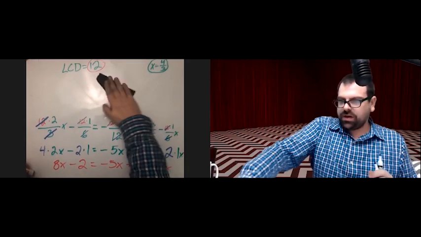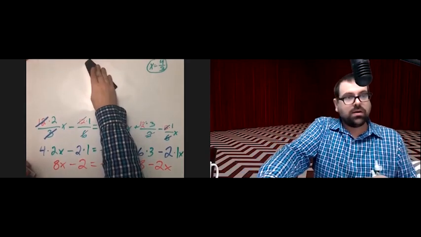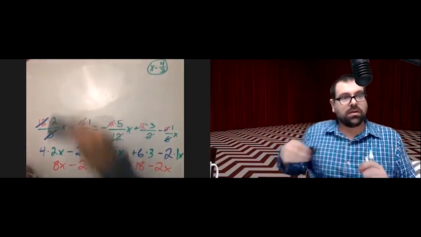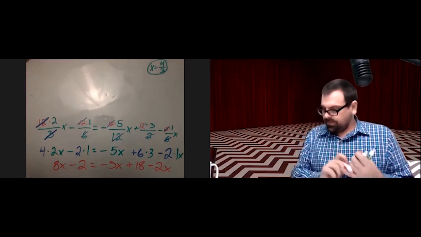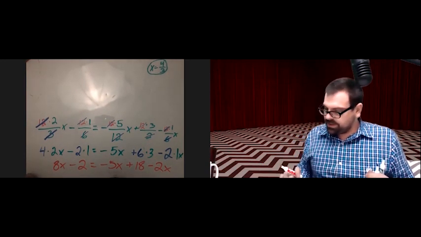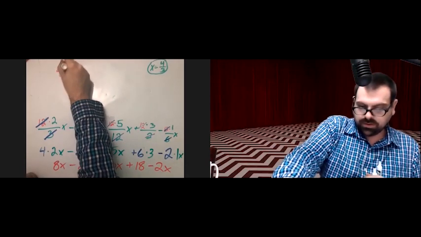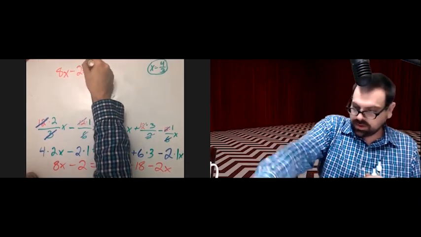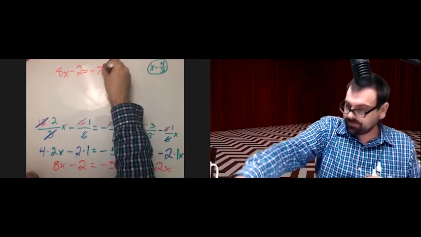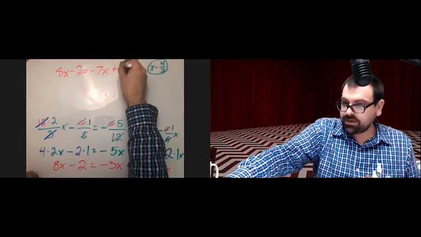All the fractions are gone. If I combine like terms here, minus 5x minus 2x, that's minus 7x plus 18.